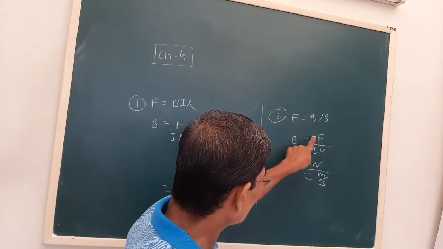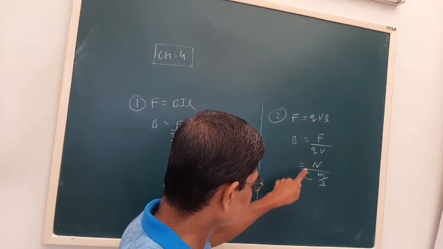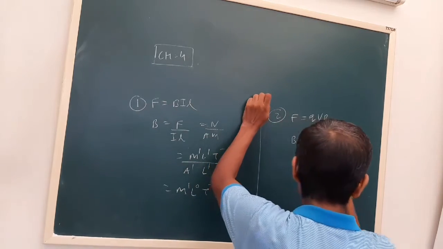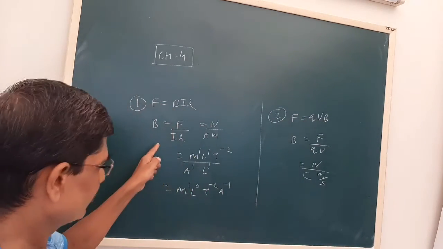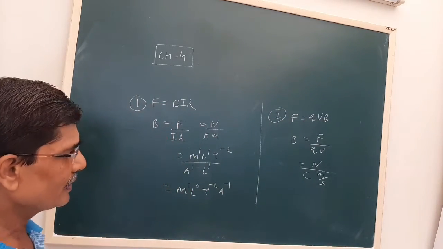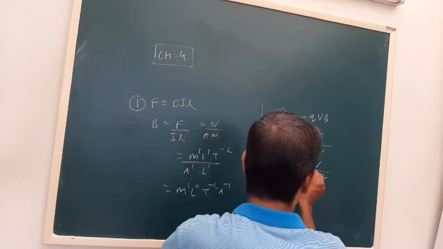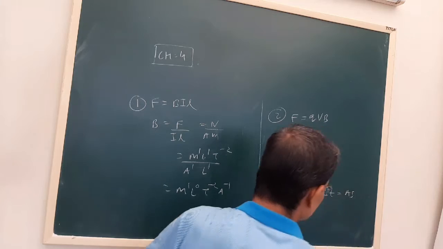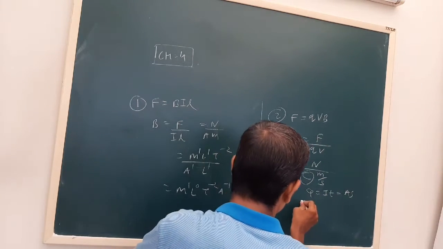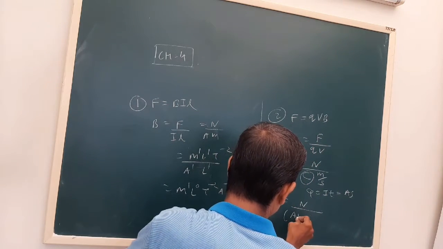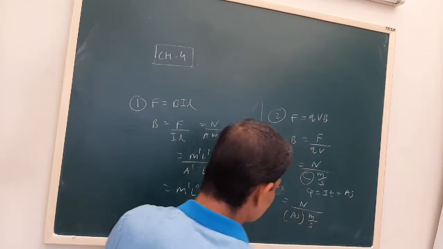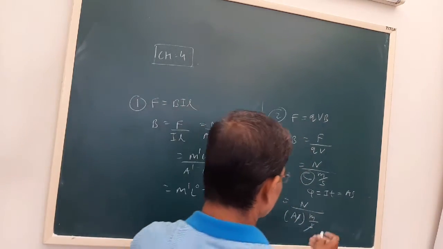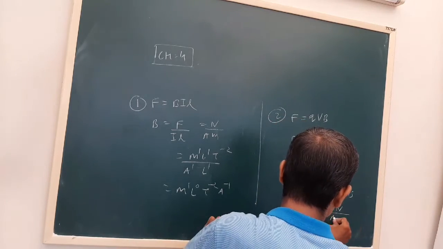B is equal to F upon QV, force is in Newton, charge is in Coulomb, velocity in meter per second. Now this is another form of F is equal to BIL also. Why? Because Coulomb, Q is equal to IT, that is ampere second. So if I write Newton upon ampere second into meter per second, second will get cancelled, or we can write as Newton upon ampere meter.